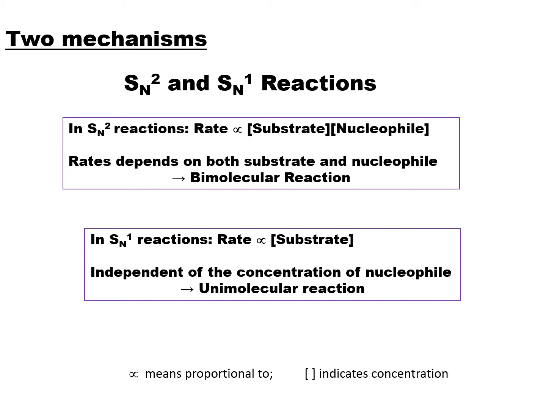The S stands for substitution, N stands for nucleophilic, because there is participation of a nucleophile in all substitution reactions, whereas the numerical exponents 2 and 1 refer to bimolecular and unimolecular. A bimolecular substitution reaction means simply the reaction rate is determined by the concentration of two of the reactants, whereas if it is unimolecular, the reaction rate is determined by the concentration of one of the reactants.